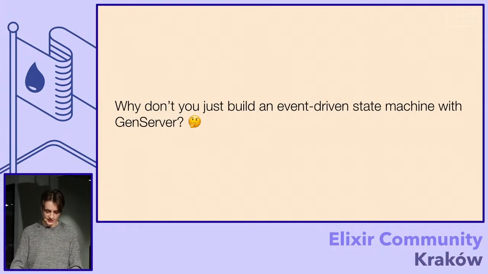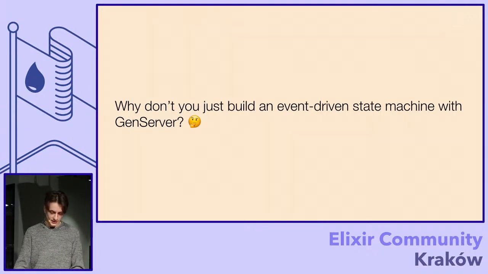Well, of course, there is nothing you can do in generic state machine that you can't do in Gen server and the other way around. But for some problems, having it done in generic state machine is just easier.